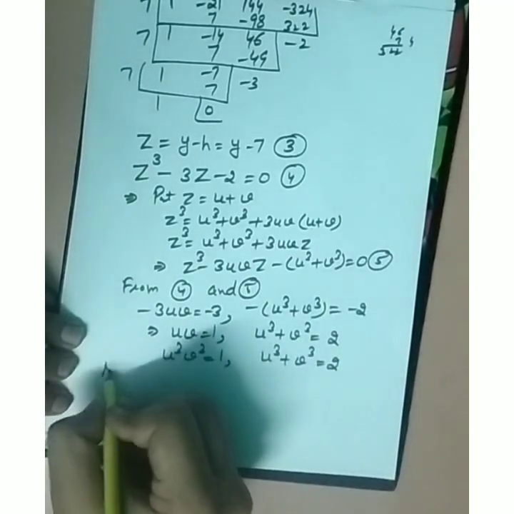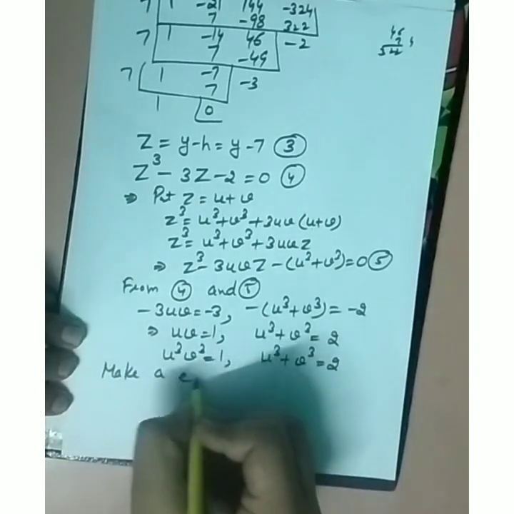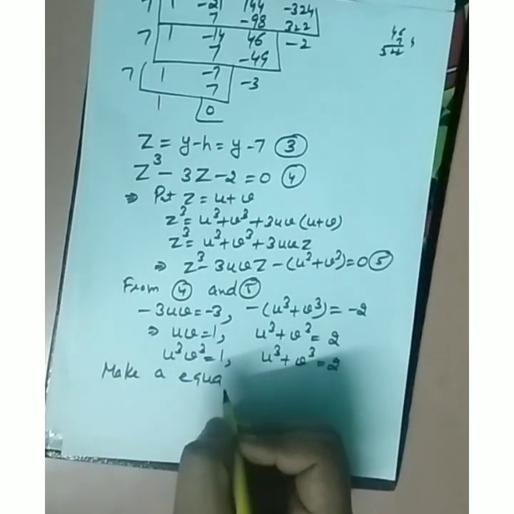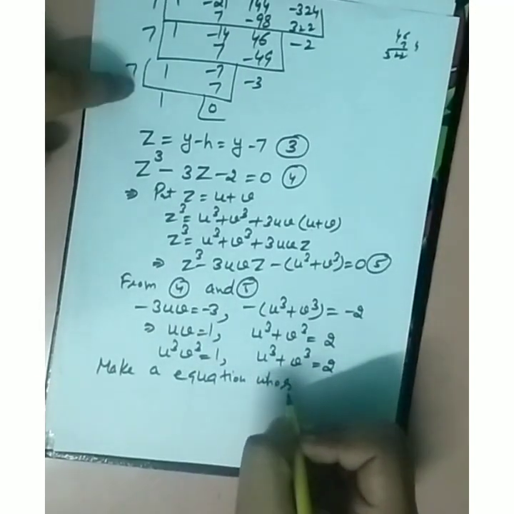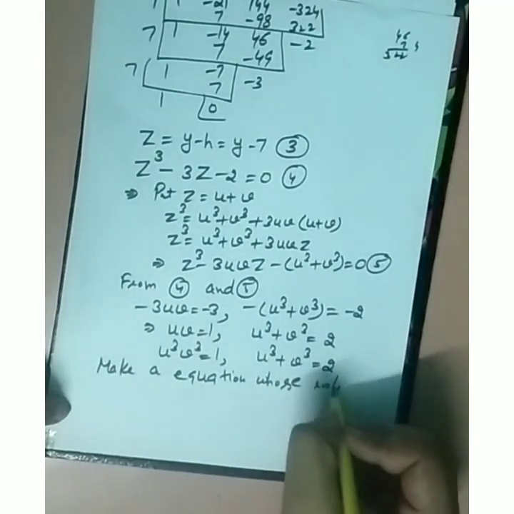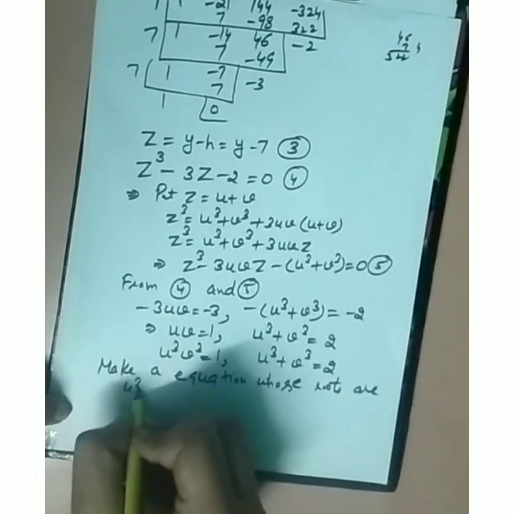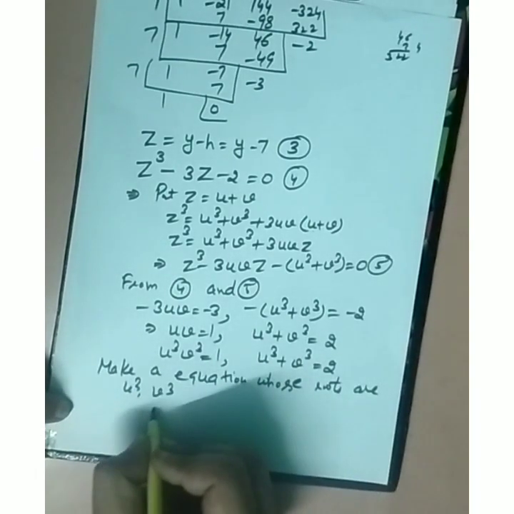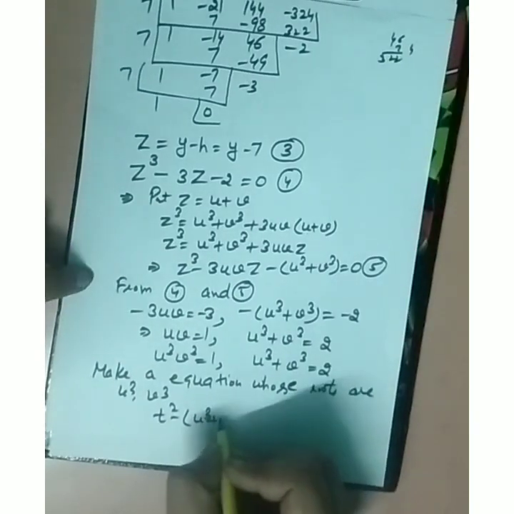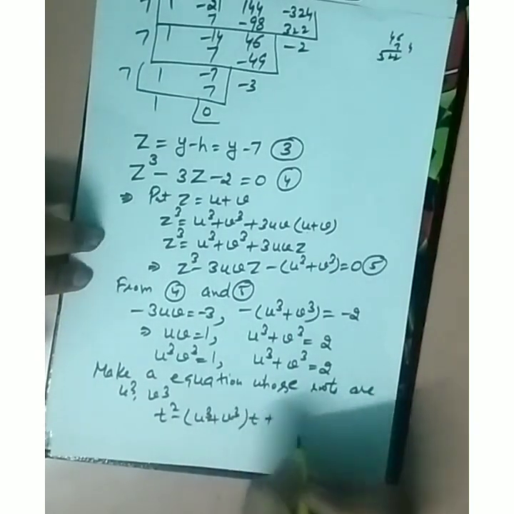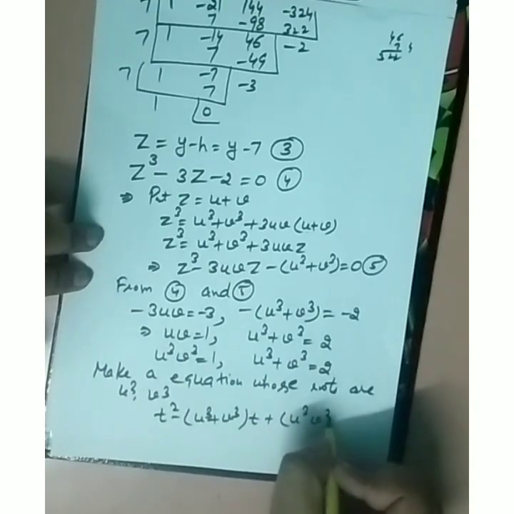So now make an equation whose roots are u cube and v cube, that is t square minus sum of roots plus product of roots is equal to 0.